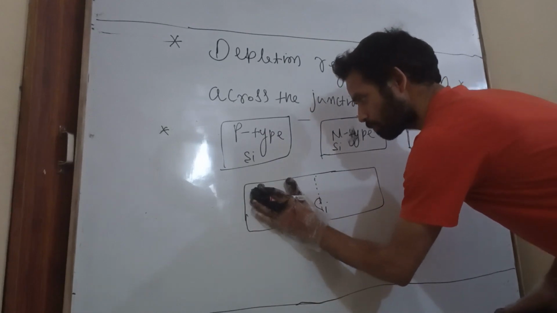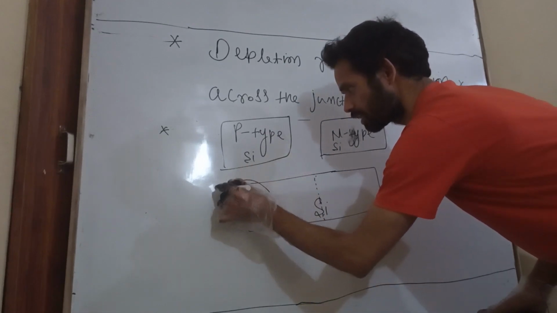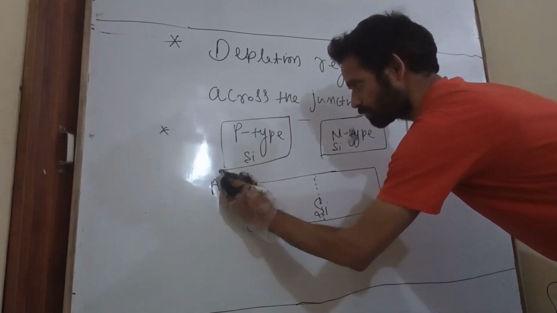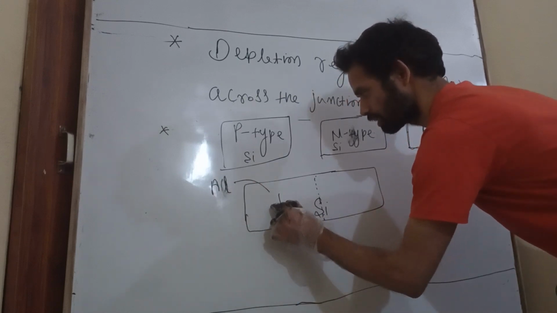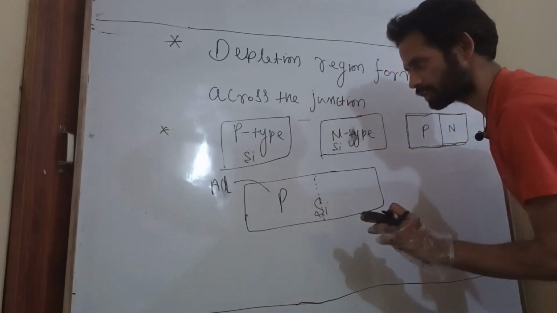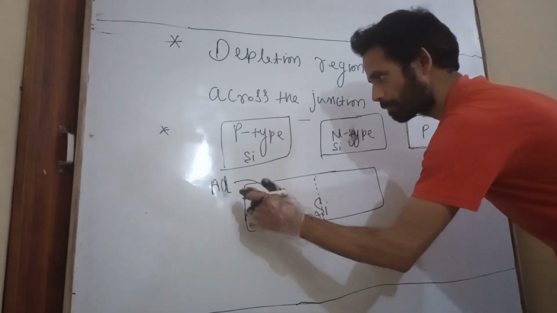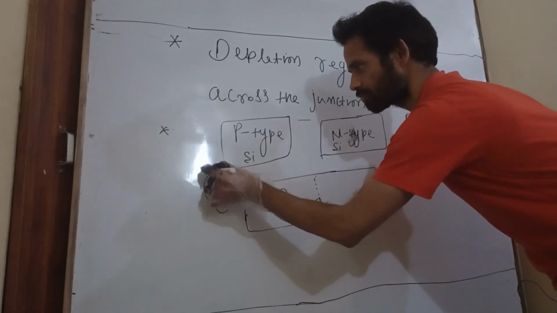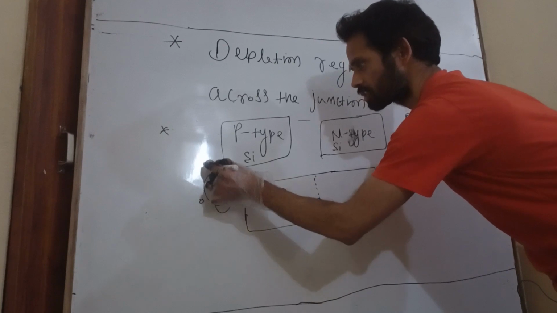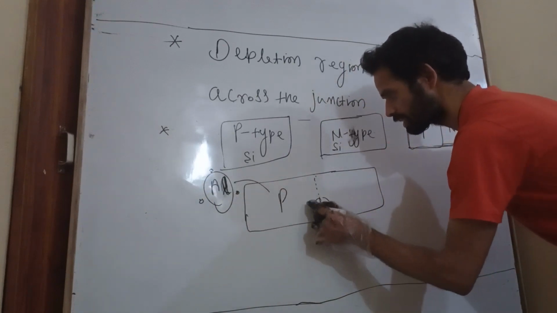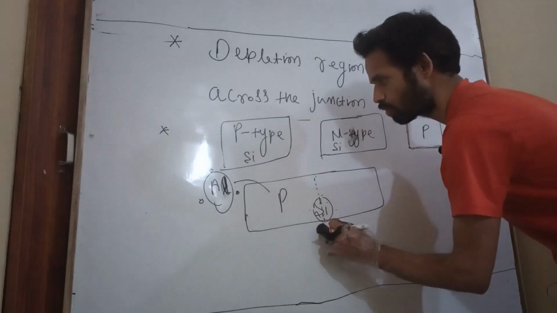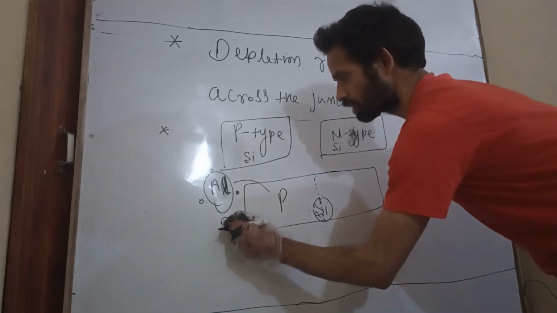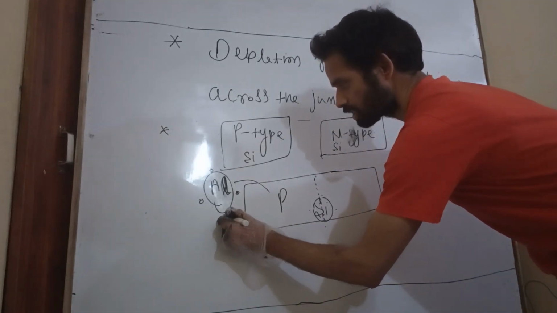Doping this region with a trivalent impurity like aluminum or gallium gives a p-type semiconductor. The trivalent impurity has only 3 electrons in its outermost shell, and silicon has 4 valence electrons. 4 plus 3 is 7, which means a deficiency of one electron, represented by an excess hole.